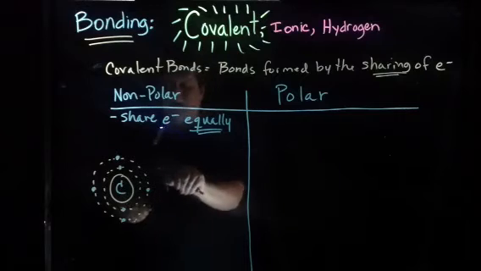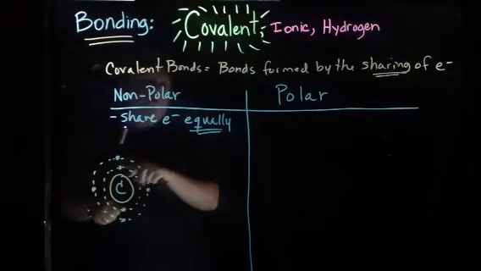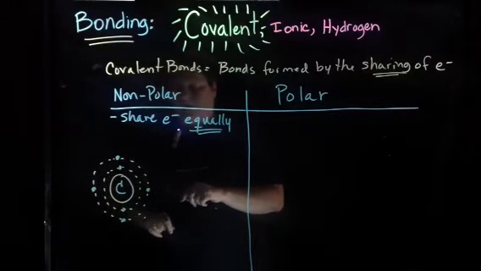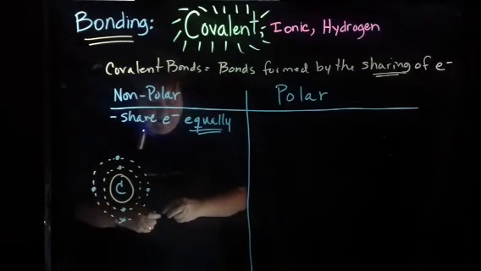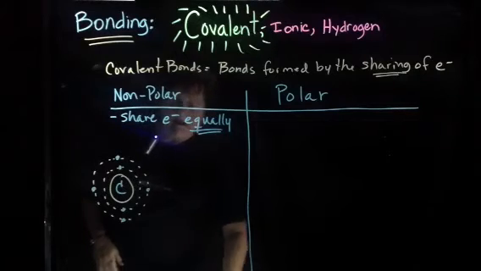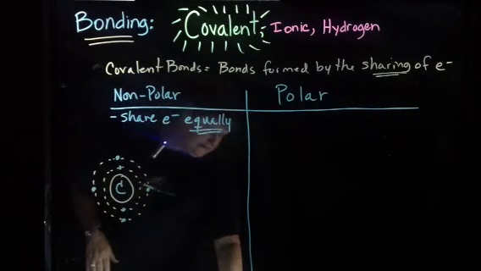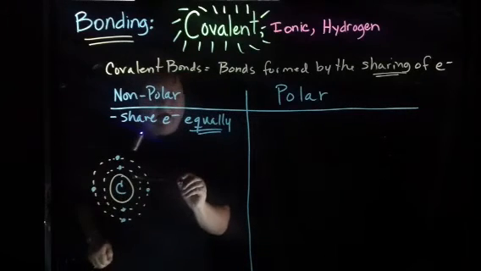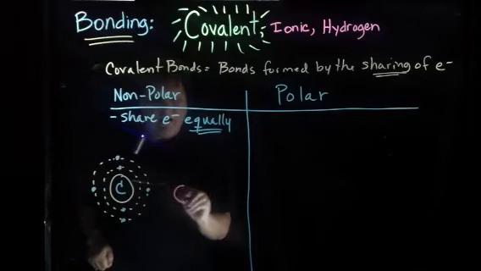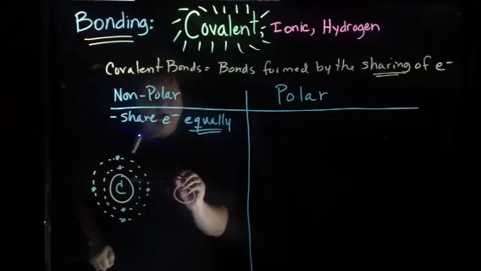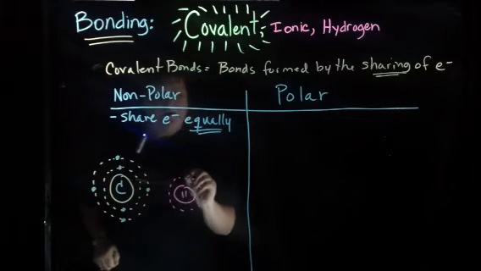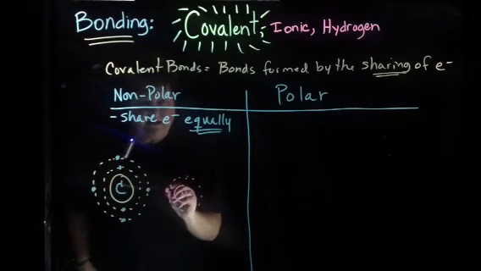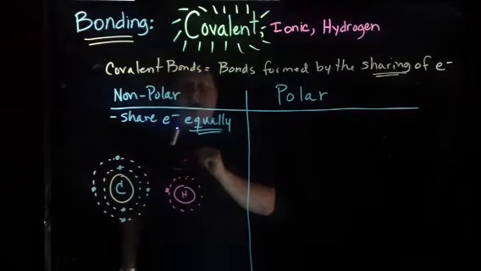Now carbon would like to have 4 more electrons, but it's going to need to share its electrons. So what it can do is it can share electrons with something like hydrogen. Let's look and see here. Hydrogen is in row 1, column 1, so it has 1 valence electron.